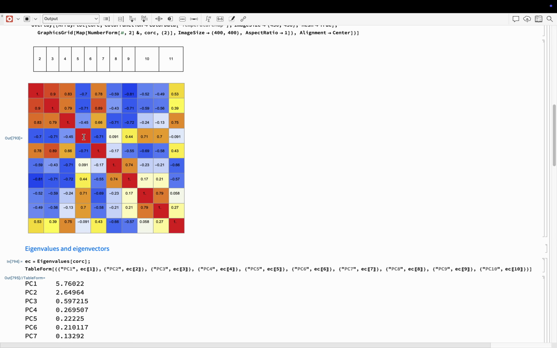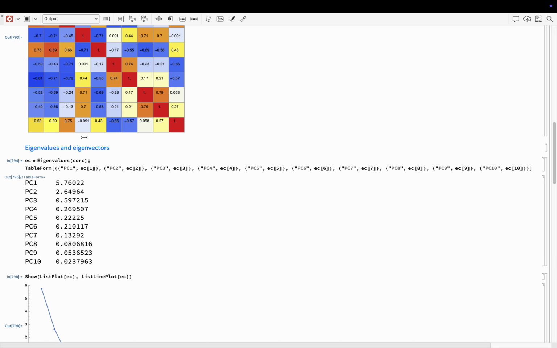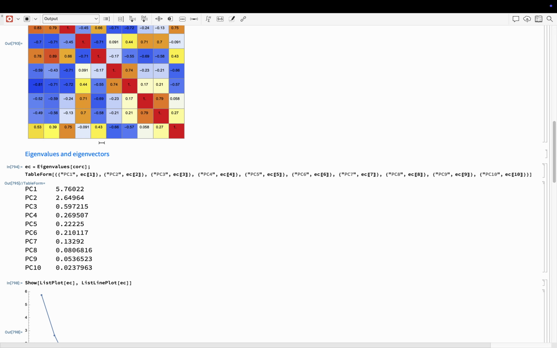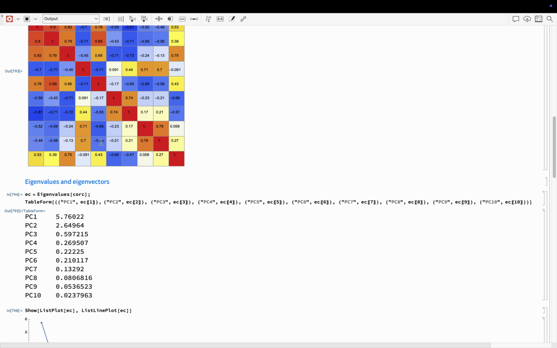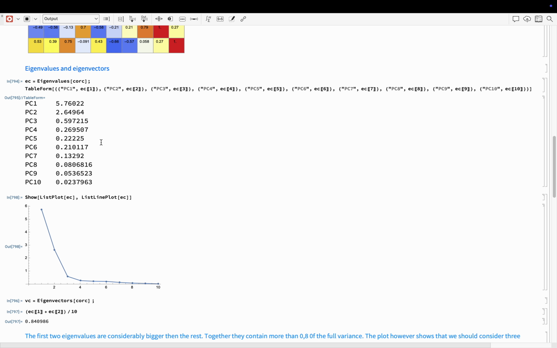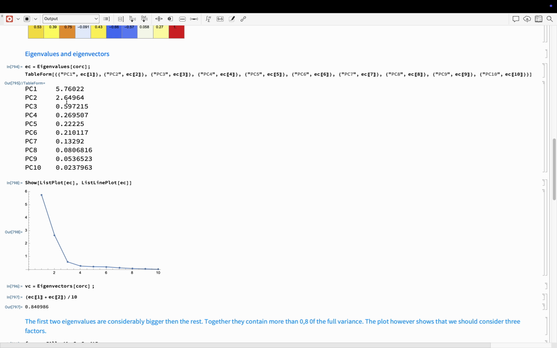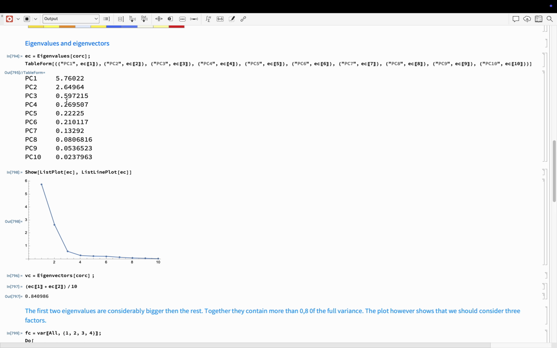So then we do what we did before. We calculate eigenvalues and eigenvectors of the correlation matrix, and what we see is that the first 2 principal components have the highest eigenvalues, which are variances of the components.